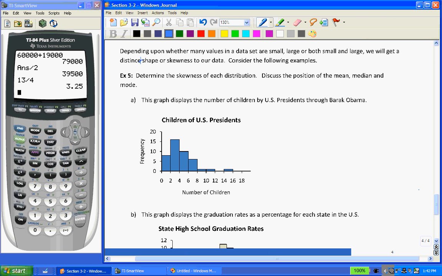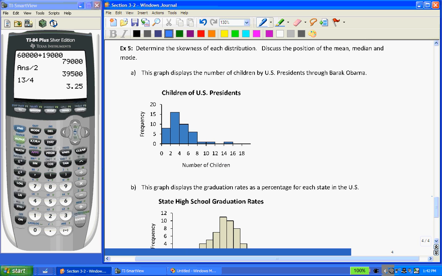So example A, this graph displays the number of children by U.S. presidents through Barack Obama. So if you notice, for most U.S. presidents, they have between, so here between 0 and 2 would be, 0 to 1. Here this bar would represent 2 or 3 and so on. So most presidents probably have 1, 2, or 3 children.